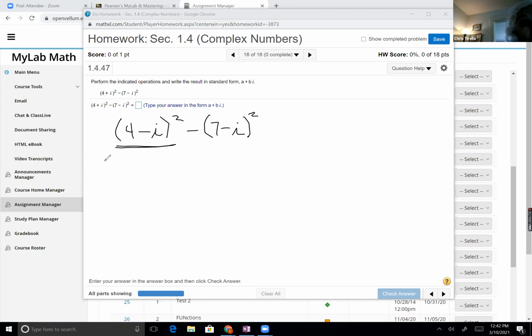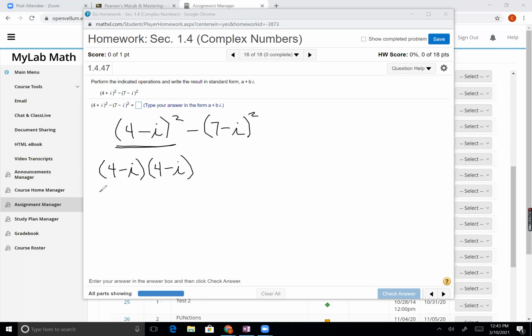4 minus i squared. Remember, in order to square something that looks binomial, we've got to multiply it by itself. So far, so good, Rizwana? Yeah. And now when you multiply like that, do you distribute, do you FOIL, or do you box? I distributed.